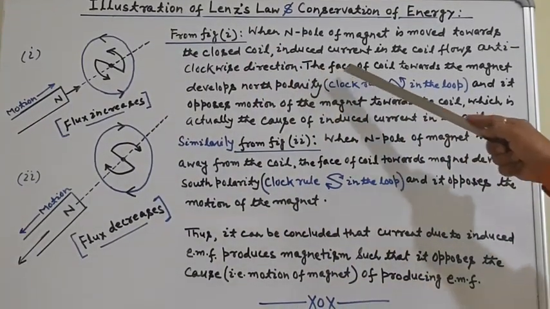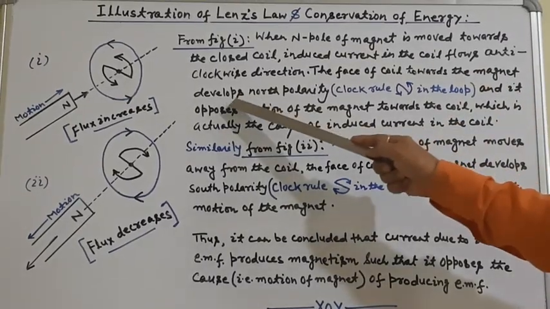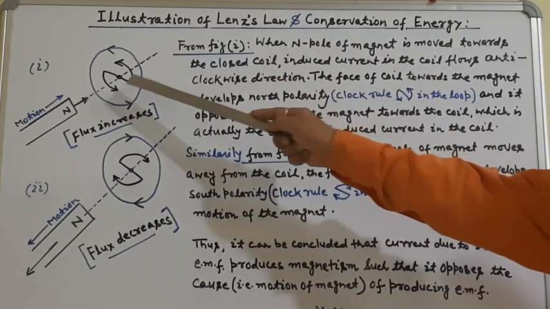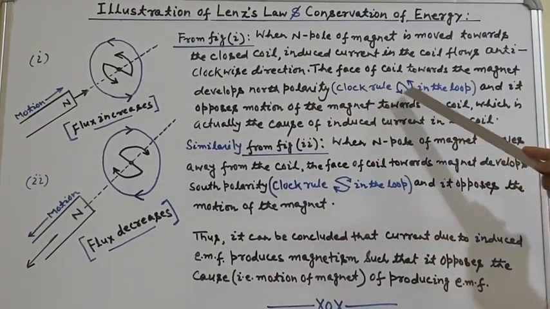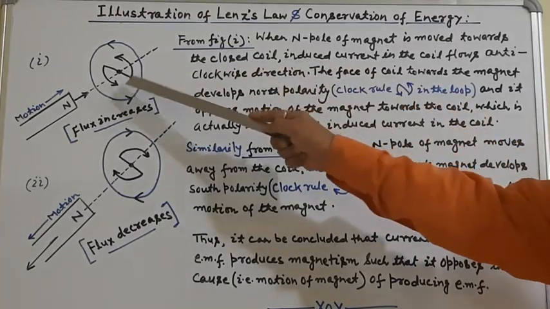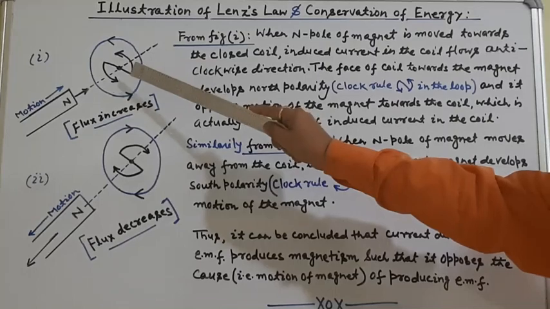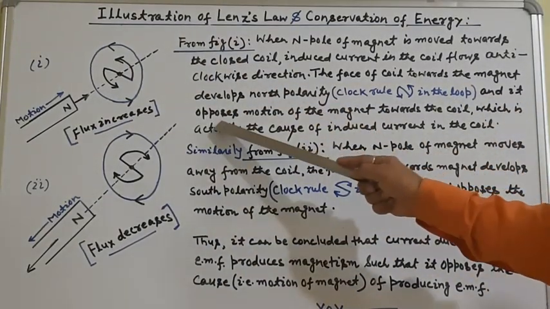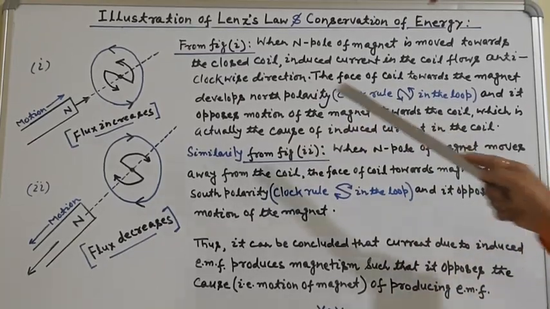Then the face of the coil towards the magnet develops north polarity. Here I have marked a north polarity. How? On the basis of the clock rule, in the loop it is marked. So the front face of the coil develops north polarity, and it opposes the motion of the magnet towards the coil.